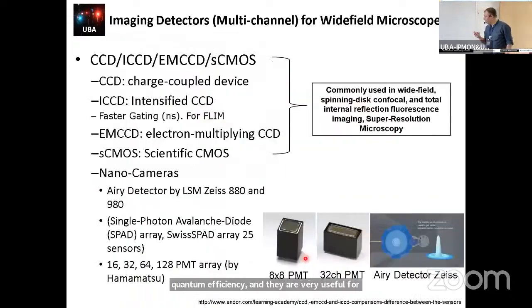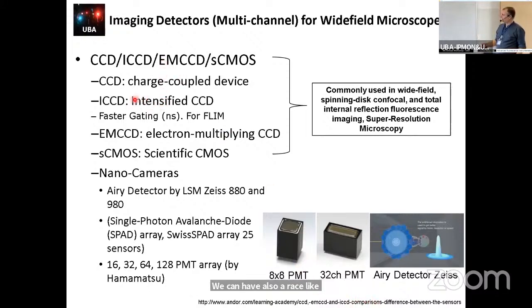So after finishing with the single point detection, we can also have arrays like CCDs and CMOS cameras, and these are basically two different technologies that we will review in a second. And then we also have some group of detectors. These are arrays of PMTs or APDs that can be read as a little camera, right?